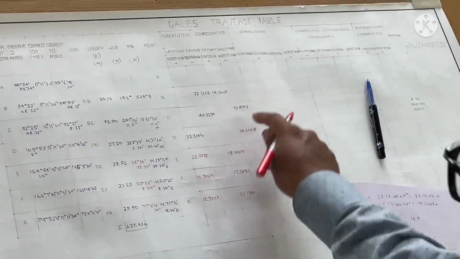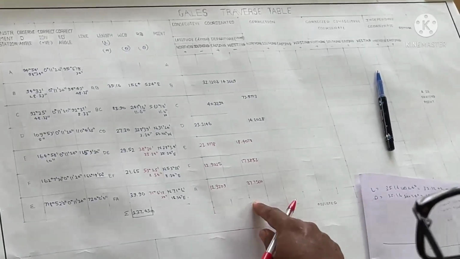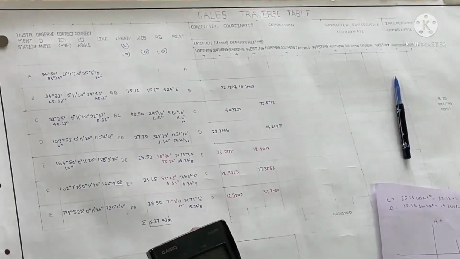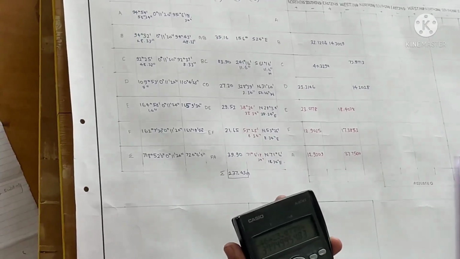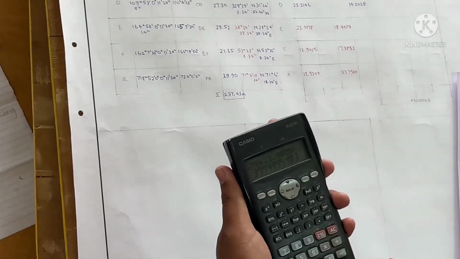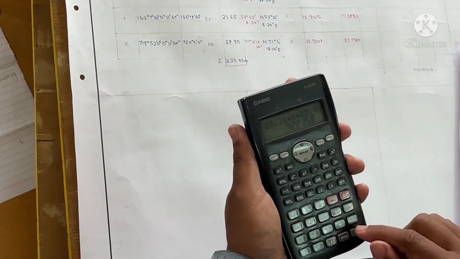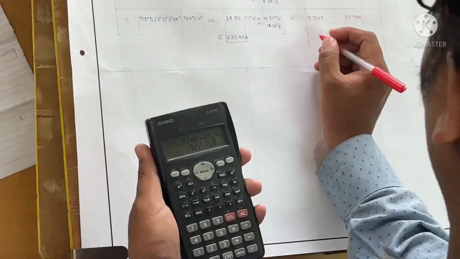Before that, we will take the summation of all these northing, southing, easting and westing in order to determine whether there is an error or not. So 23.3146 plus 23.0778 plus 12.9025 plus 12.9209 gives me 72.2158, that is the summation of northing.